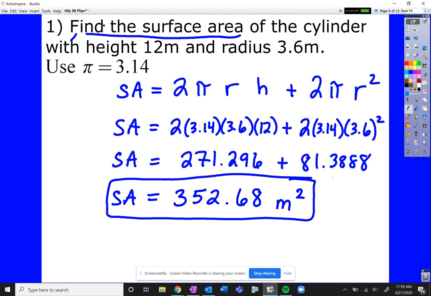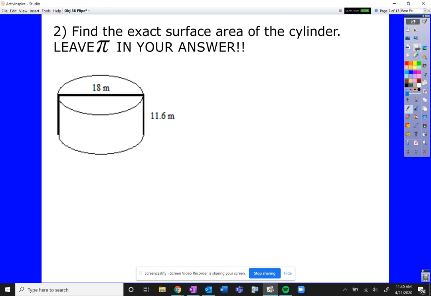Use the information from the problem, plug it into the formula, rock and roll. Order of operations, that's what we do here. All right, find the exact surface area. Leave pi in your answer. We know that exact means we're going to leave pi. All right, let's take in our diagram here. What do we know?